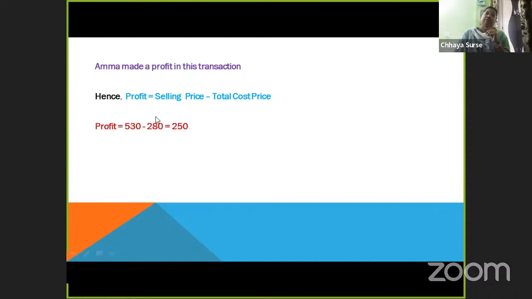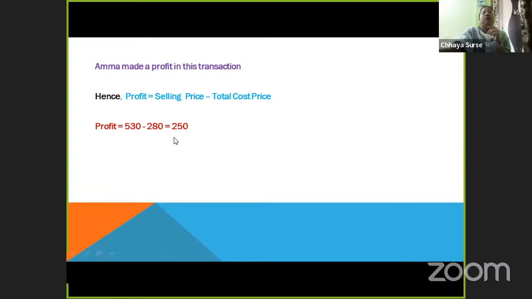So 530 is the selling price, and the total cost price is 280. With the formula, selling price minus total cost price, we find the profit: 530 minus 280 is 250. So Amma got 250 rupees extra.